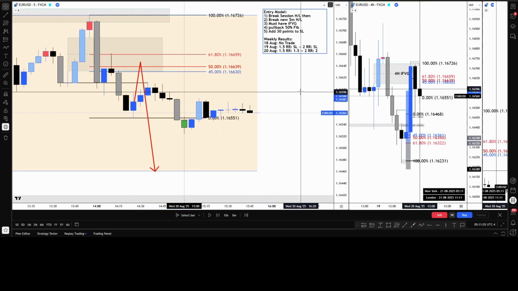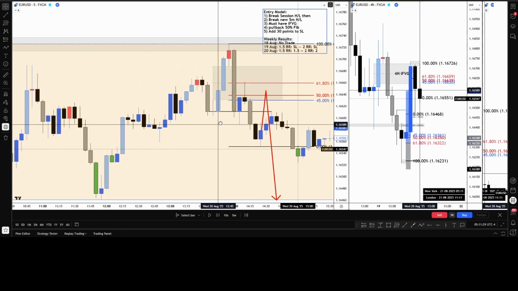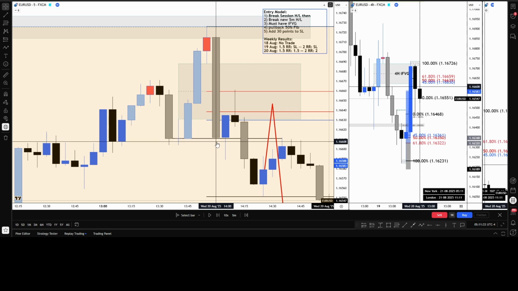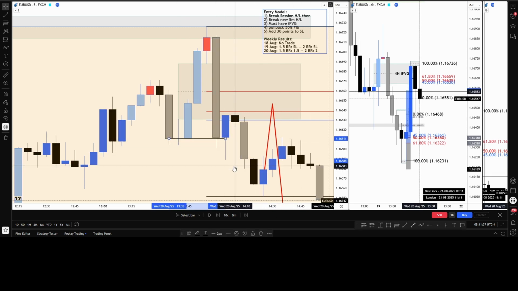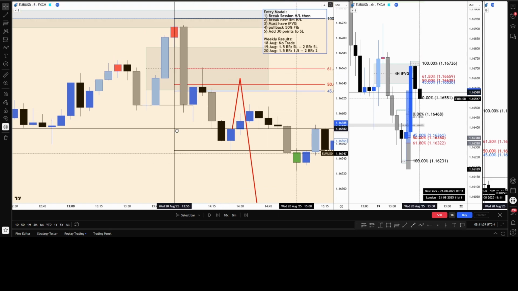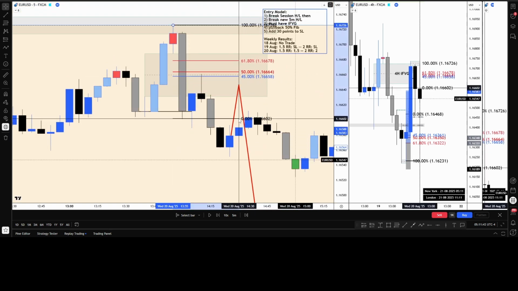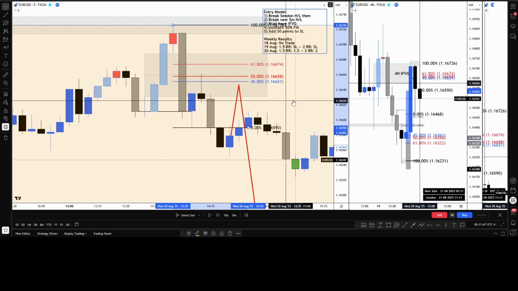Very, very unfortunate. So let's just think for one moment. This candle did close below this level, right? Price did do that. What would we have done? We would have used that, or that level, as our fib.